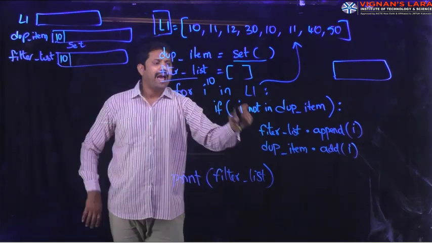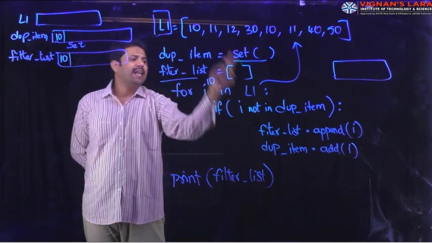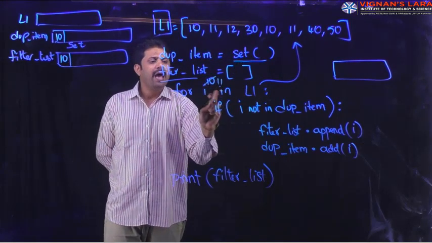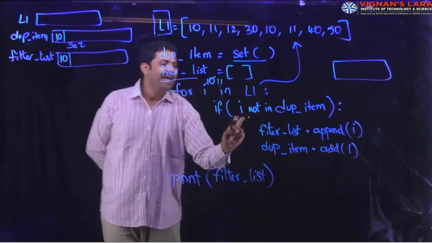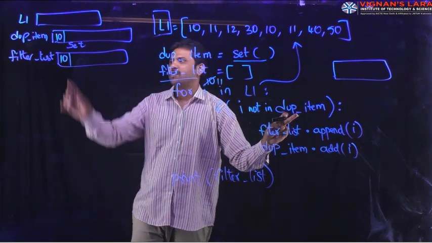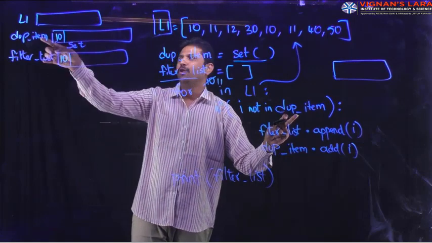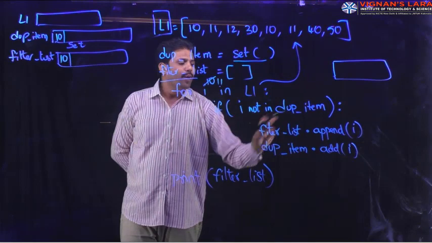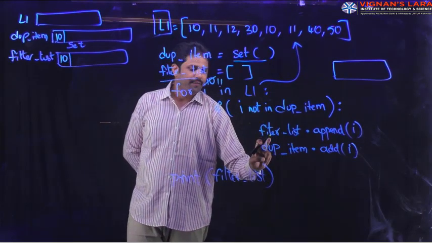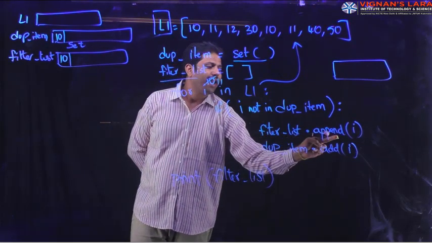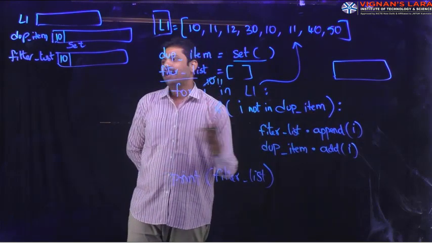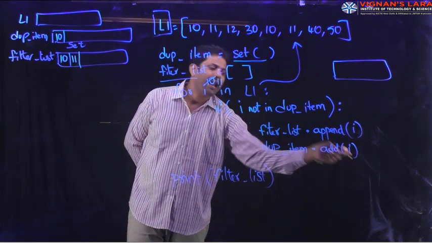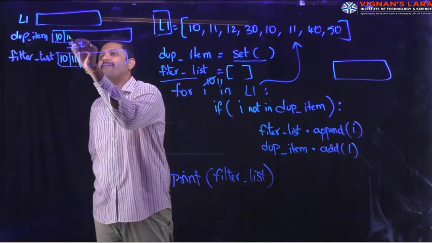Next, the for loop iterates again. Next, 11 is passed. Now i is 11. 11 not in duplicate items. Check the duplicate item: we don't have 11. Yes, that's why it goes into the if condition, filter list dot append of i means 11 is stored here, and duplicate item dot add i is also 11.